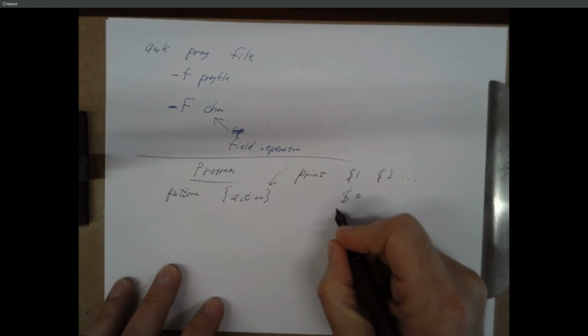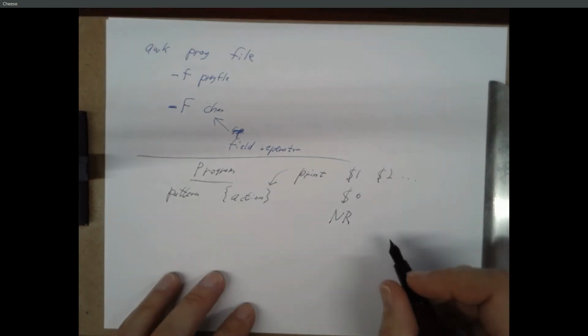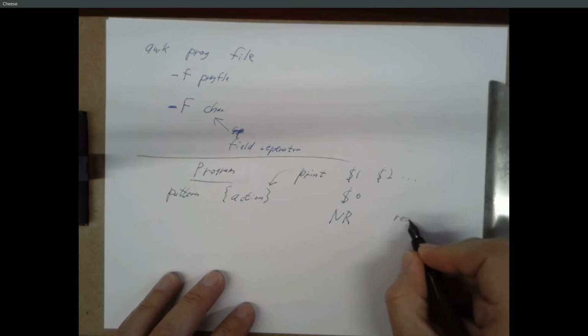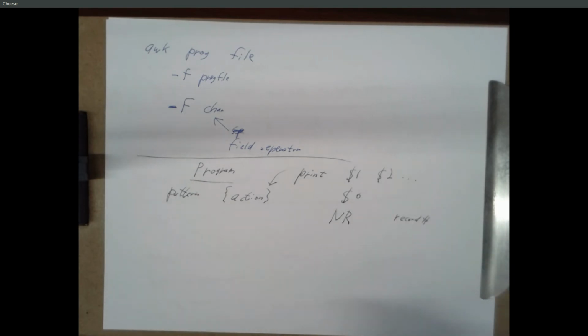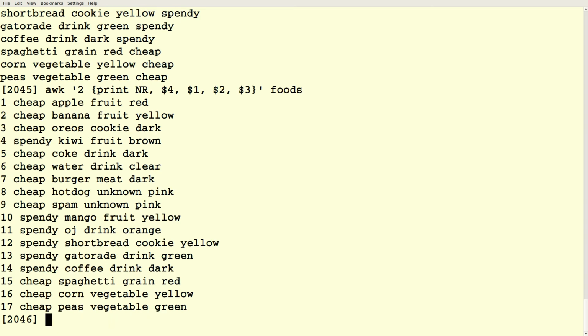For example, we have something called NR, which is the record number. So if I print NR, comma, $4, $1, $2, $3, I get a record number in the front of each line. Right? So NR increments by 1 each time it ingests.